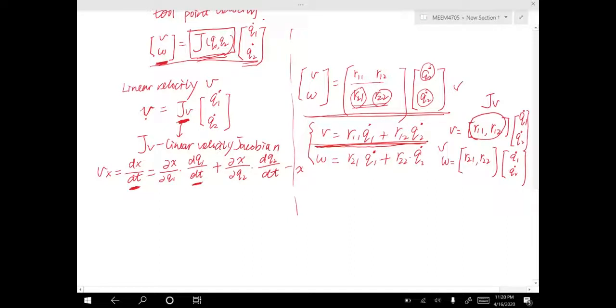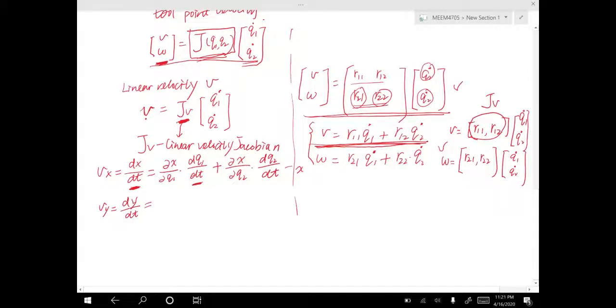Again, your end effector can do 3-dimension x, y, z, so it can do 3-dimension translational motion. So my Vy, which is the velocity in the y-axis, by definition is dy over dt, of course.